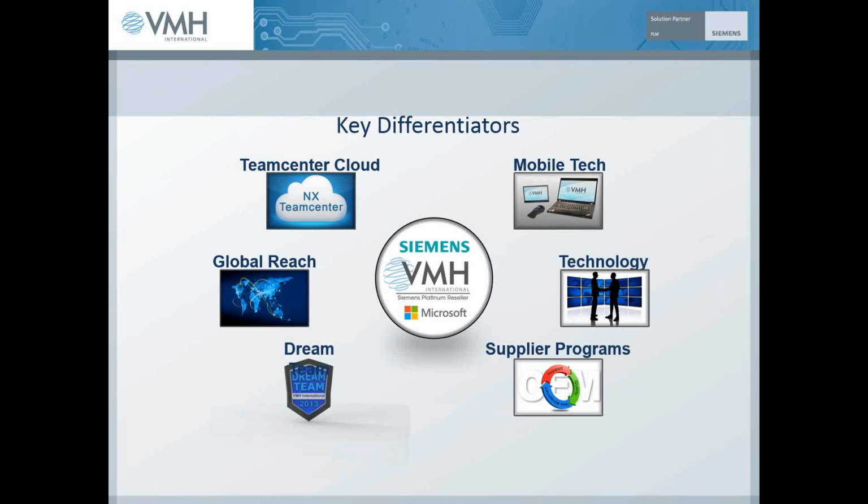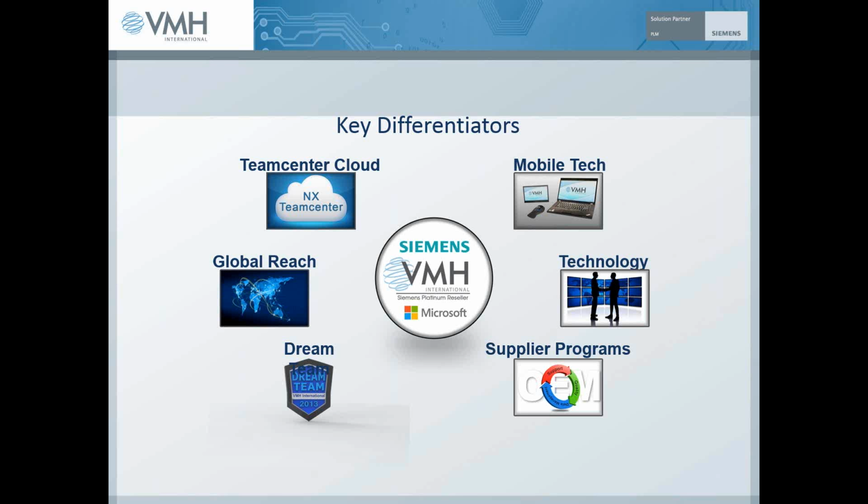If you look at some of the key differentiators, as I said, we offer Team Center on the cloud for companies that don't want to have all that back-end infrastructure. We provide the mobile classroom and mobile technology solutions. And we have a global reach. So no matter if your company is global with offices around the world, we can support all of that through our partnerships.